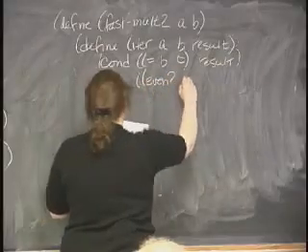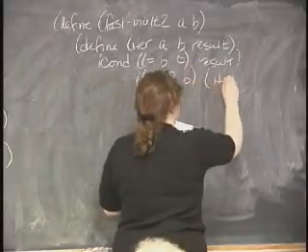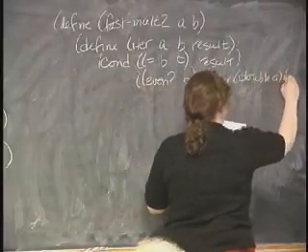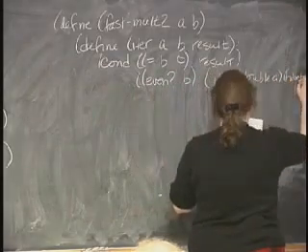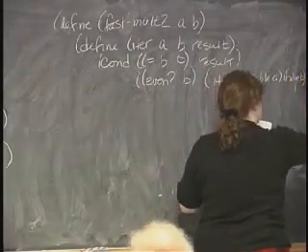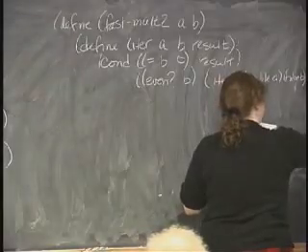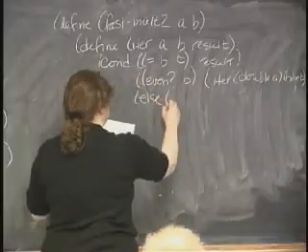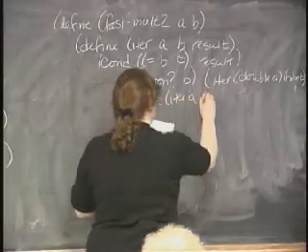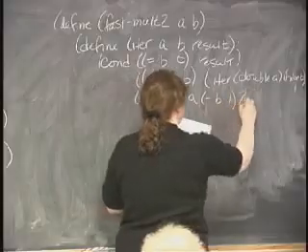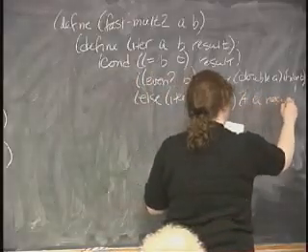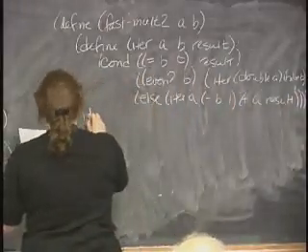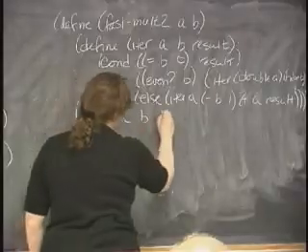If B is even, we iter on the double of A, half of B, result. Else we iter on A, B minus 1, A plus result. And then call iter on A, B, and 0.